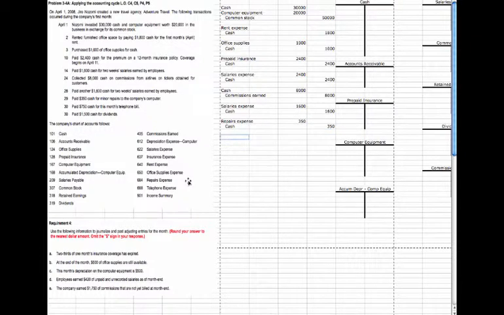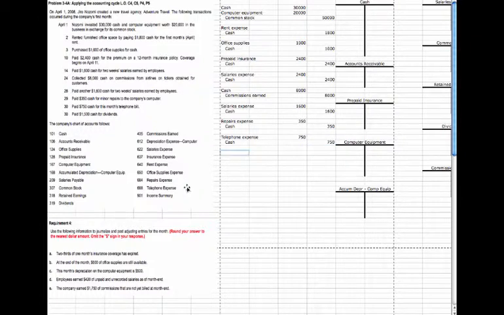On the 30th, we paid $750 in cash for the telephone bill. We have an account down here, account 688, called telephone expense. So we're going to debit telephone expense, and it's for $750. We paid cash for it. So that's a credit because we're going to decrease our cash account.